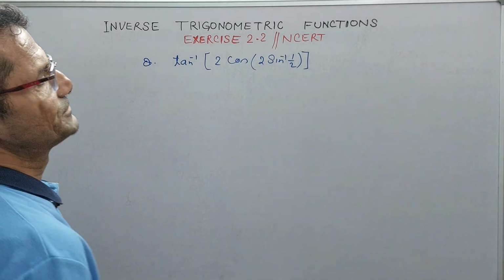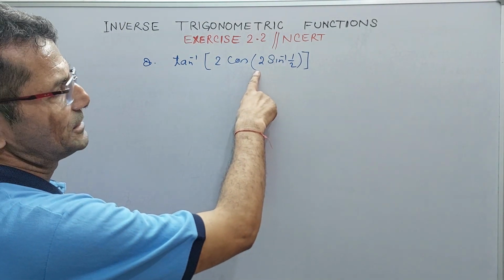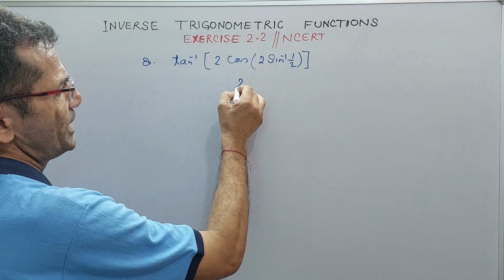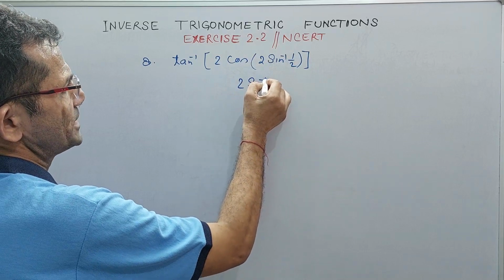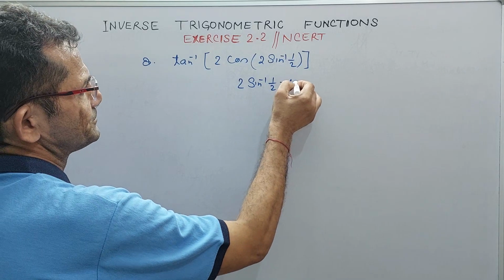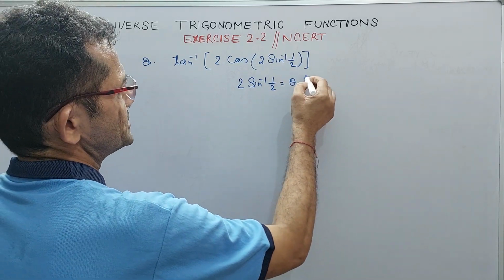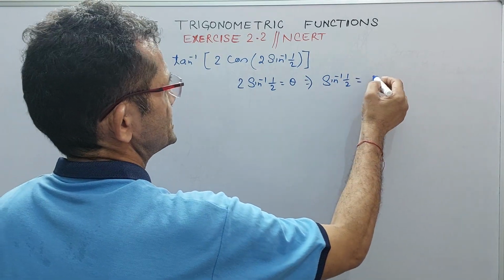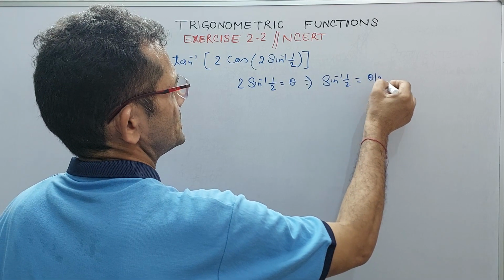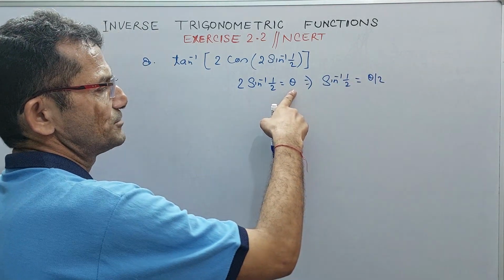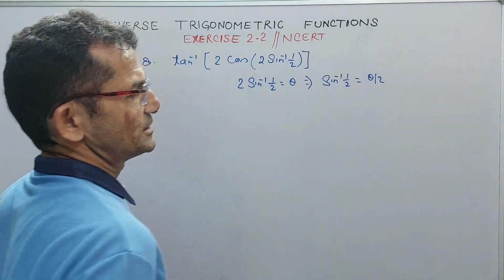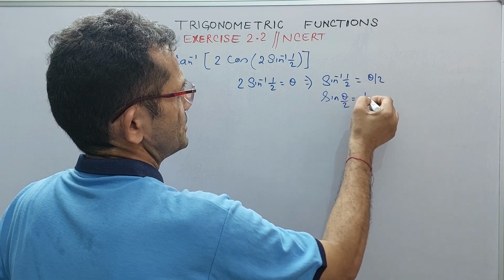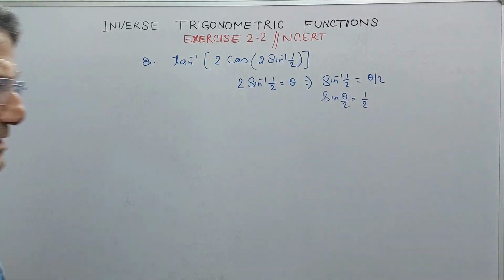So let us begin. We will start from the inside bracket, the innermost bracket, and solve this one. For that, we put 2 sine inverse half equal to theta. So theta by 2 is sine inverse half, therefore sine theta by 2 is equal to half.